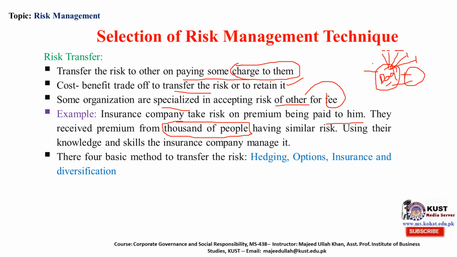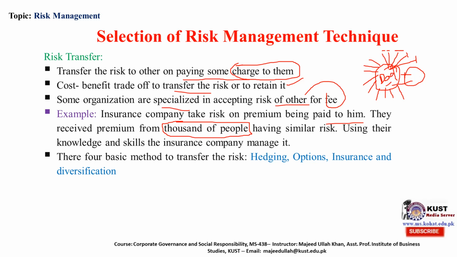Suppose there was a natural disaster in which all people suffered losses, like the 2005 earthquake in Balakot, where a lot of people faced a lot of losses because their houses were totally damaged.